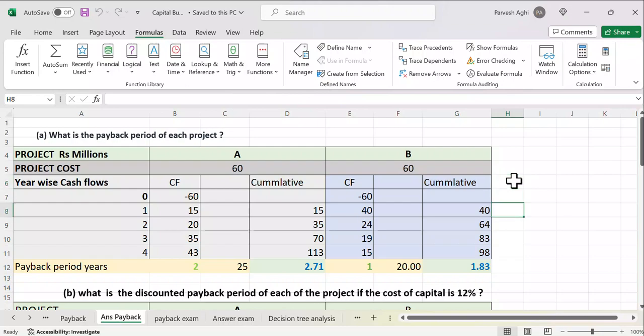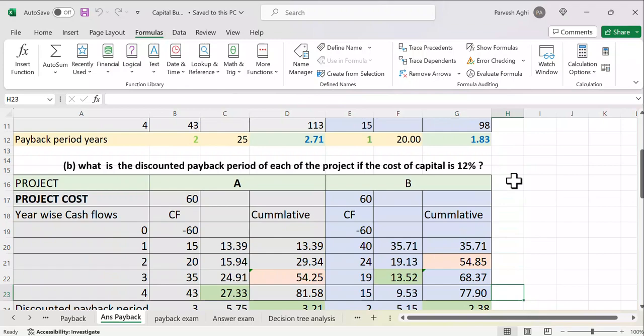Okay, fine. Then, what is the discounted payback period? Now, the discount rate is 12%. So we take 15 and divide by 1.12. This is the 12%, so the formula is already put in.